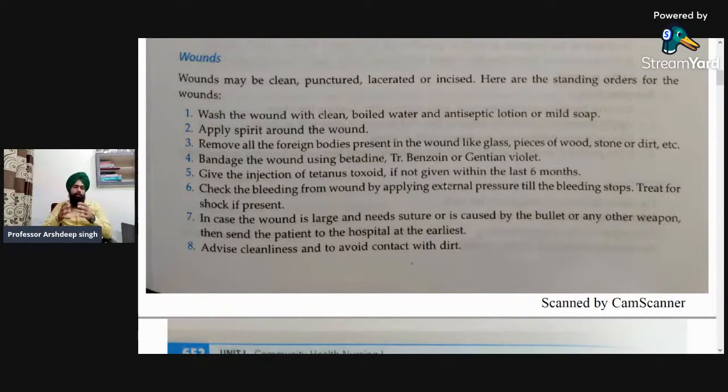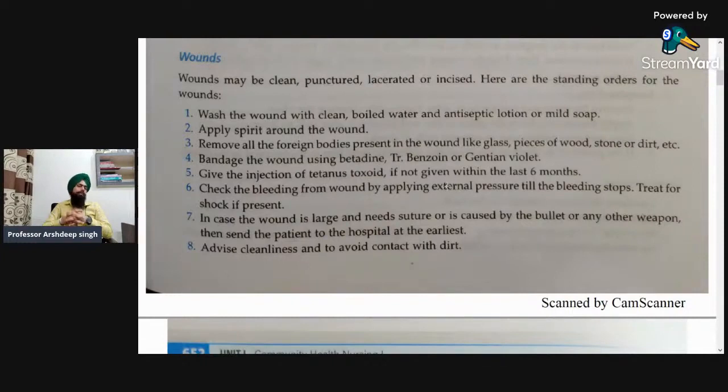Lacerated may be open. Incised means there may be a cut from a knife or any sharp instrument that cuts the body part or the skin. The skin is ruptured, like the doctor gives an incision during operation. Okay, so that is the type of the wound.